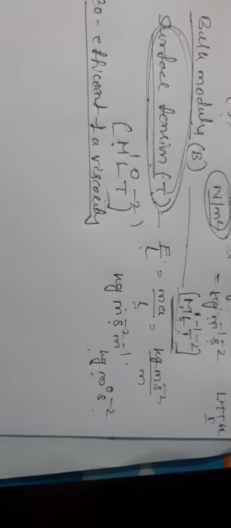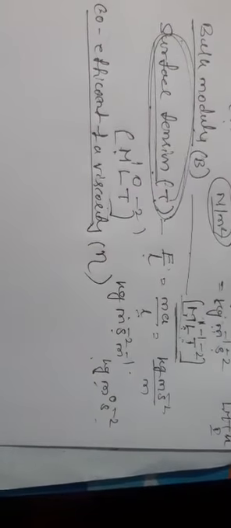It is the property in which relative motion between adjacent layers of the liquid is opposed. The coefficient of viscosity is related to the viscous force, and it is represented by the symbol eta.